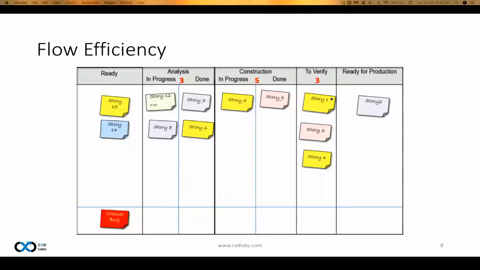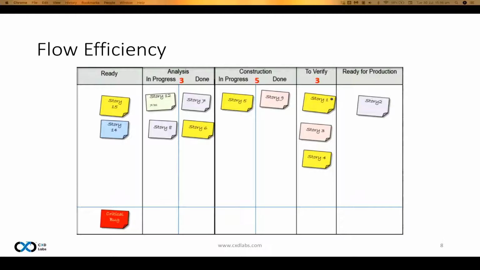Originally, in their Water-Scrum-Fall, each individual was assigned a set of functional tasks, something like implement this database, configure this and do that. In this model, we break up the work by value, by customer value, by stories, and we want to get that piece of value delivered from ready to ready for production as quickly as possible.